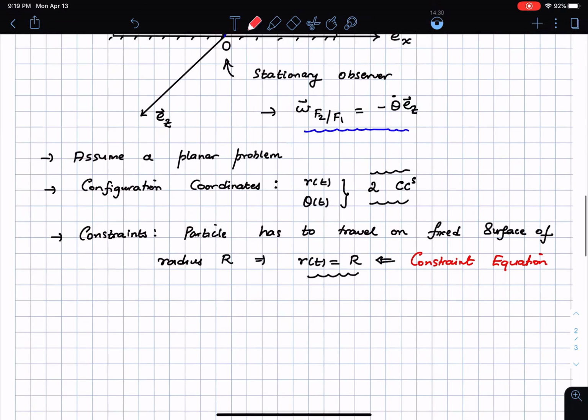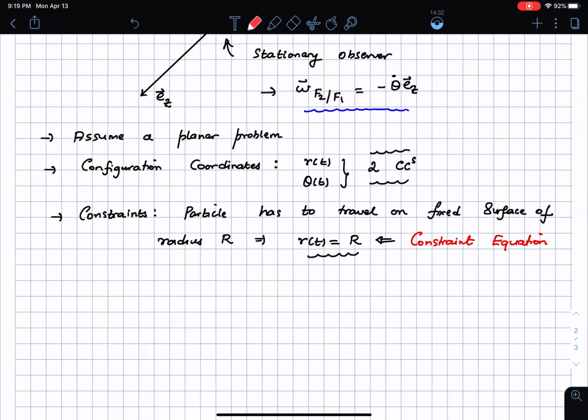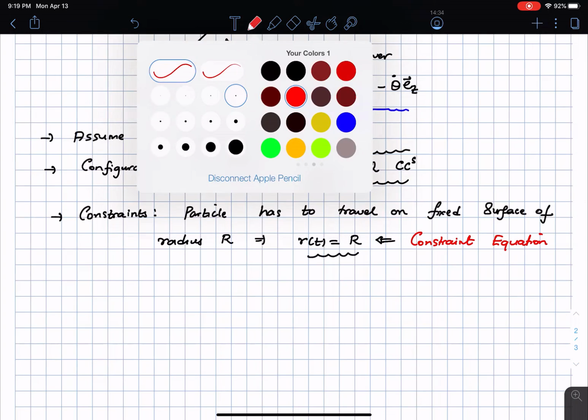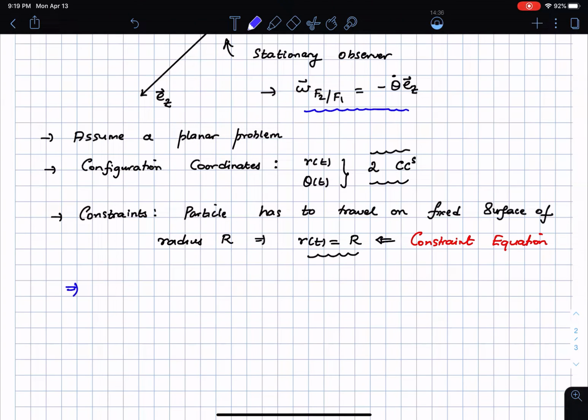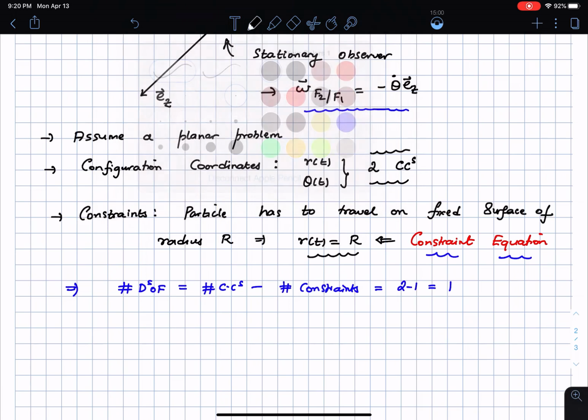So I just want to label that constraint equation. And the basic idea is, the number of degrees of freedom is equal to the number of configuration coordinates minus the number of constraints, and that's equal to 2 minus 1, so that's equal to 1. And of course the system is holonomic, this is fairly evident by looking at the constraint equation, so I'm not going to prove that.